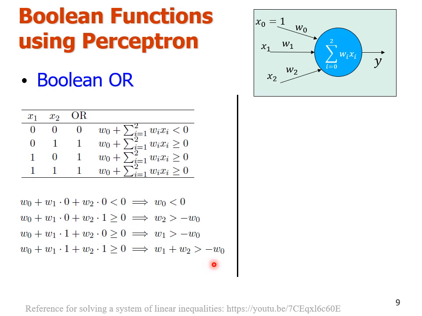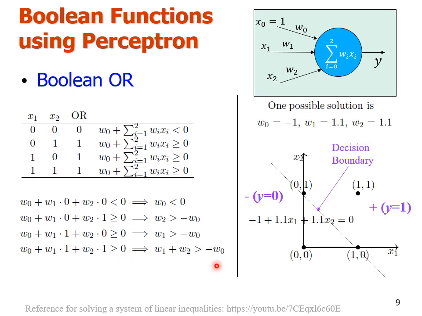Those who do not know how to solve a system of inequalities, please refer to the link provided at the bottom of the screen. Now let us see one of the possible solutions after solving this linear system of inequalities.